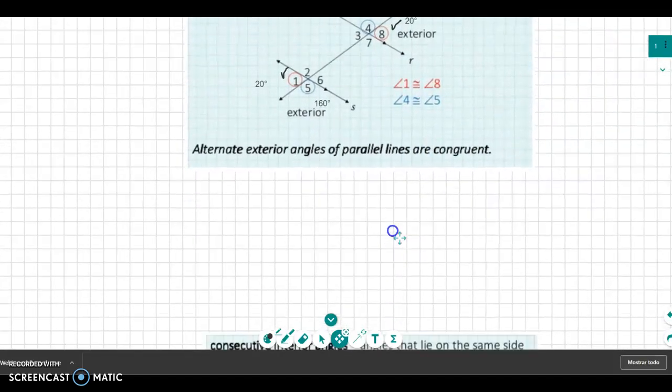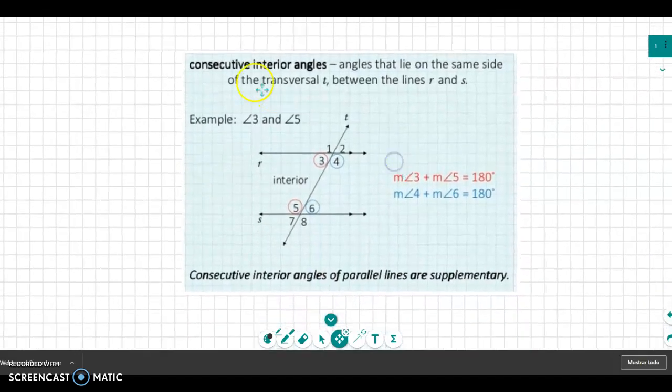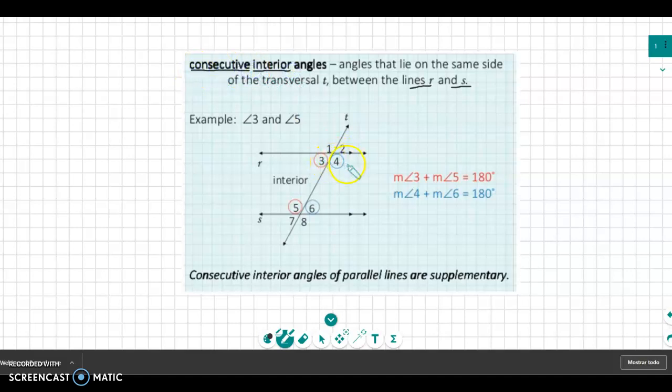All right, let's continue now with the next type of angles, and they are consecutive interior angles. They are angles that lie on the same side of the transversal between the parallel lines R and S. With the same example, we have parallel lines R and S. They are consecutive because they are one in front of each other, and interior because they are inside the parallel lines.